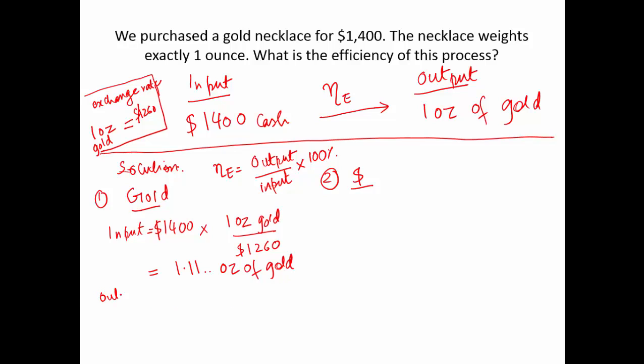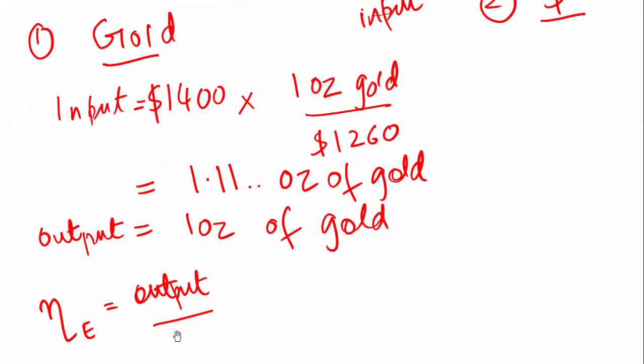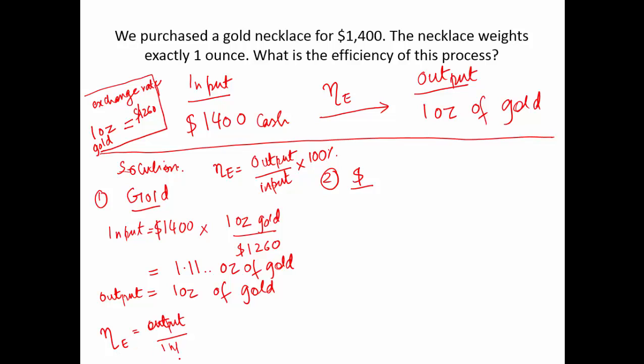Our output, we know already, is 1 ounce of gold. So our efficiency for this process is output over input. Our output we know is 1 ounce of gold, and our input is 1.11 ounces of gold. So if you compute this number, this comes out to be 90%.